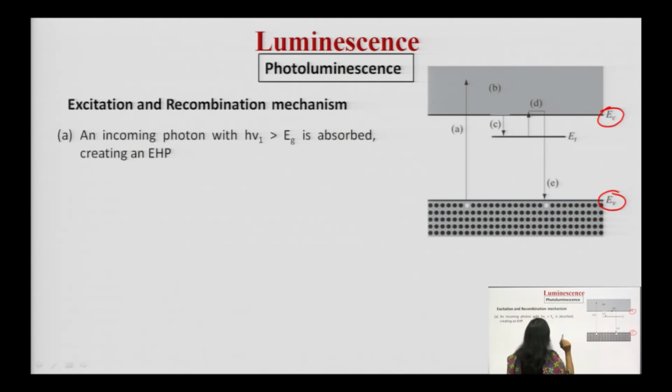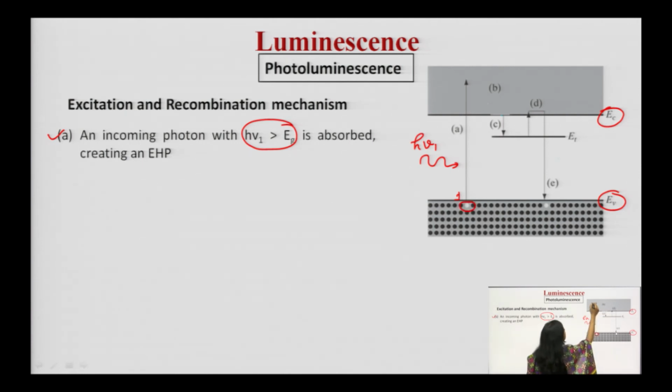In this process, the first step is an incoming photon with energy h nu 1, which is greater than Eg, being absorbed. Now the electron moves from the valence band to the conduction band at point number 2.